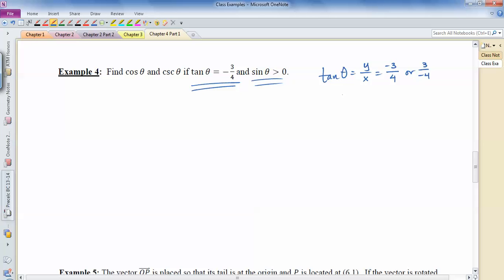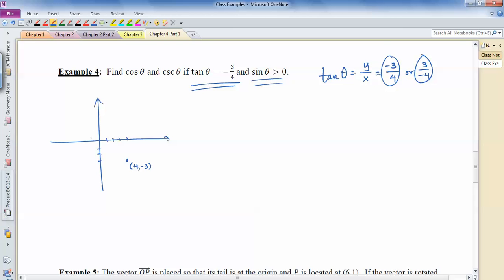So in one case, I could plot a point that says y is -3, so -1, 2, -3, and x is 1, 2, 3, 4. So that's this one. And that would put me right here at 4, -3. And in this case, I've got 3 over -4.